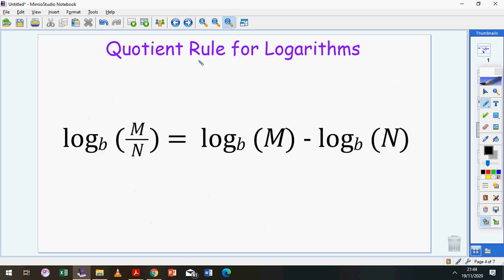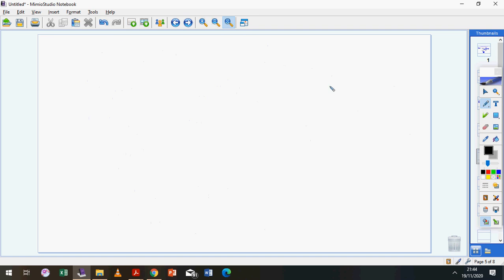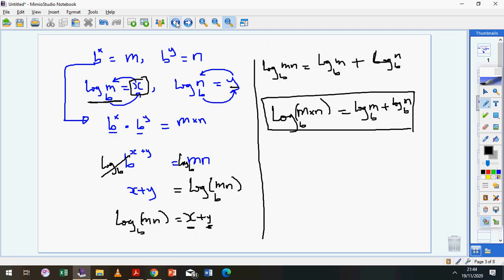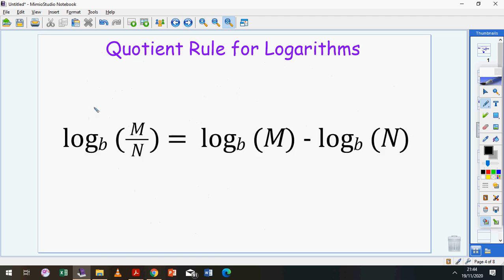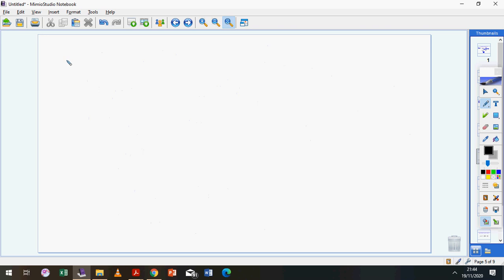Quotient, same idea. I'm starting with the same idea, but instead of multiplying them, I will divide them. So it's the same exact idea. I will start with b to the power x is equal to m, and b to the power y is equal to n.